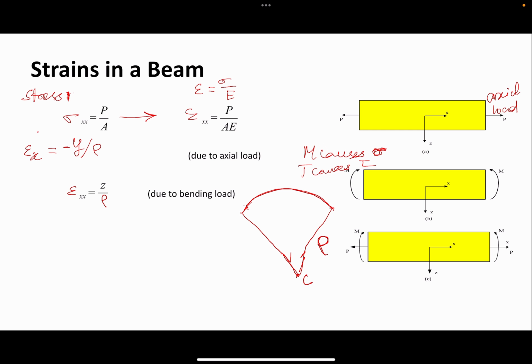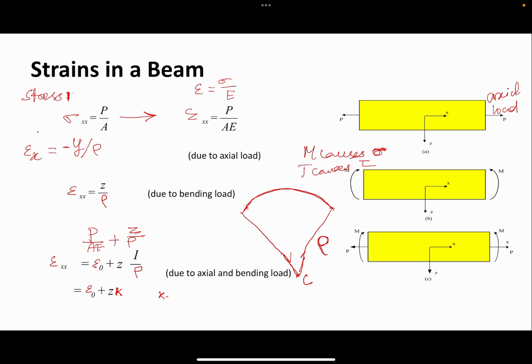So in real life, you always have a combination of these loads, which means your normal strain, epsilon xx, is a combination of both P over AE plus z over rho. The P over AE is denoted as epsilon naught, and 1 by rho is shown by another symbol, a slightly weird looking lowercase k.